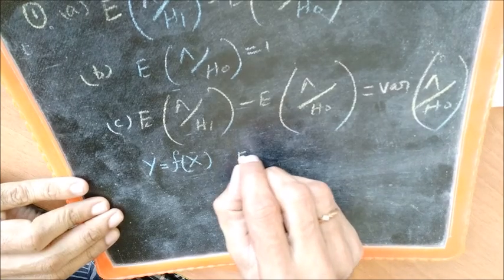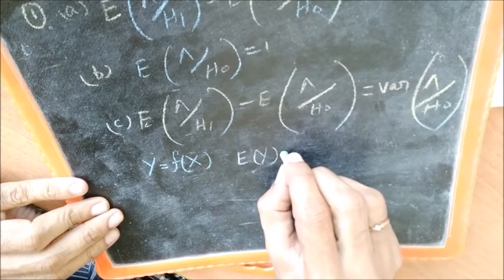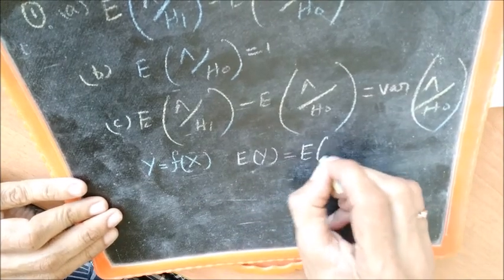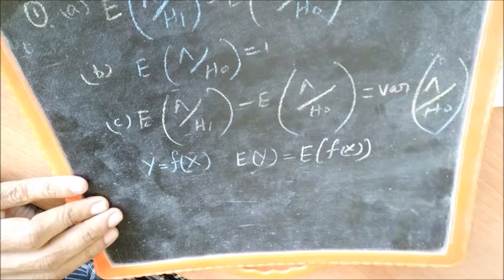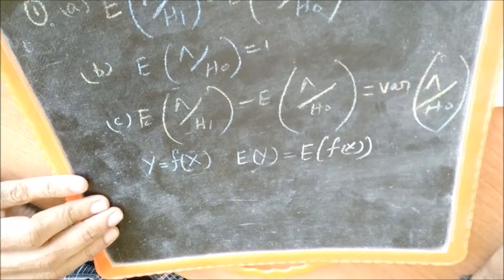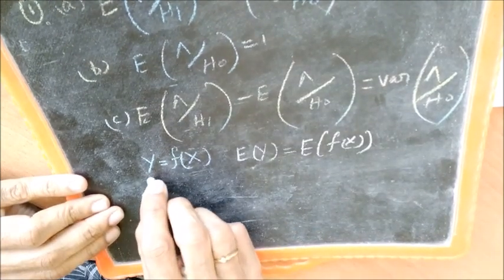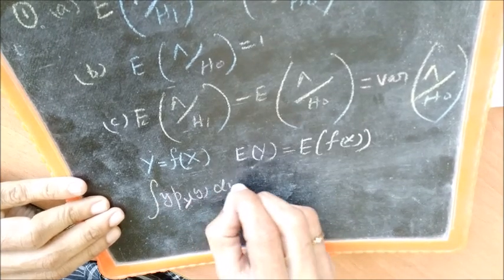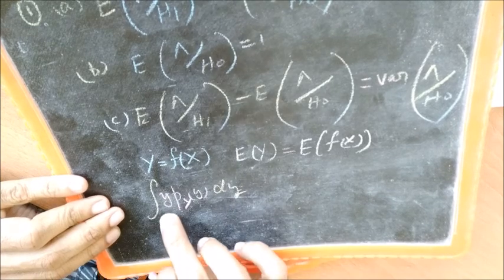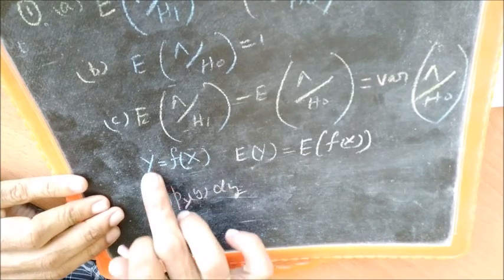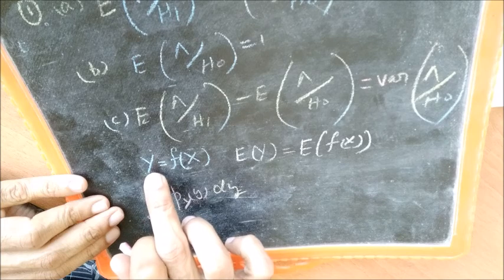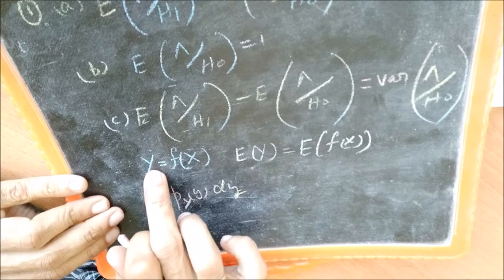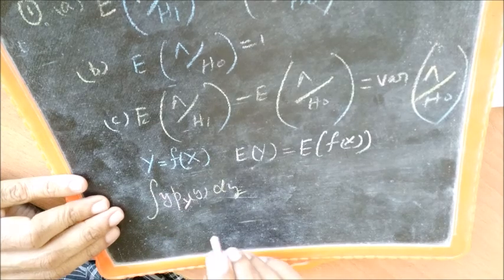Now the expected value of y, that is the average of y, has to be equal to the expected value of f of x, because y is f of x. That means the integral of y p(y) dy, that is y into the density function of y. Y will have a density function which we can easily compute. At least we know that in principle it is possible to arrive at the density function of y given the density function of x.